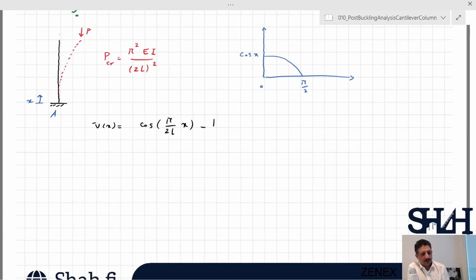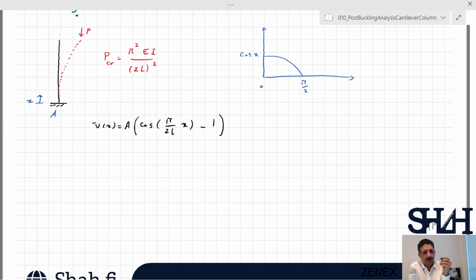So we are sure that this needs to be multiplied by a factor because it is not 1 or 0. So it is a portion of that value. So the function is the shape and a is the multiplier or the multiplication factor.